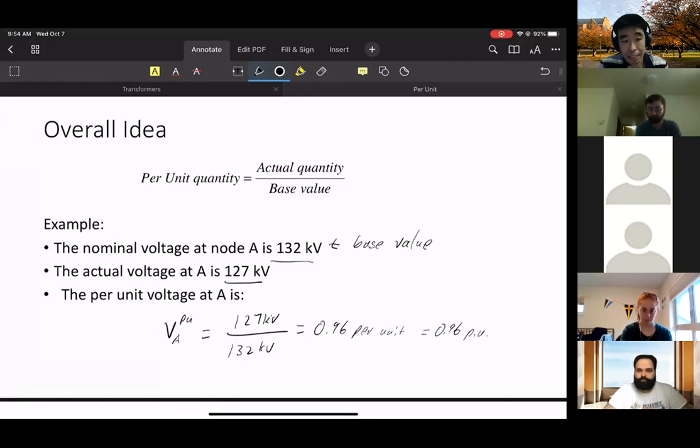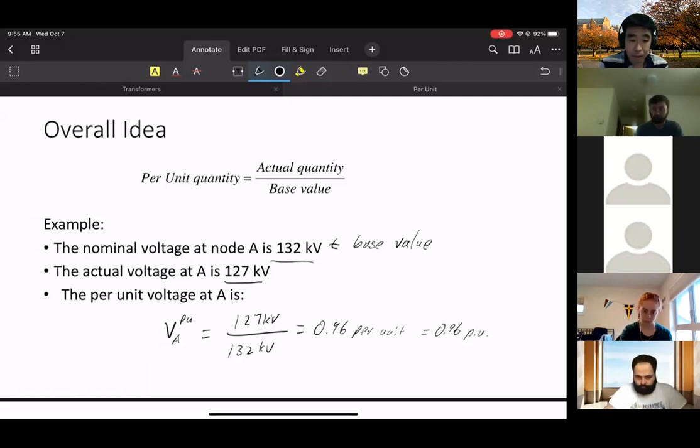And again, this is nice because when you read a number like 0.96, we know it's actually not too far away from the nominal value, so we're probably fine. But if you just saw the absolute magnitude of 127 kV, and somebody asks you whether it is normal or not normal, it's harder to answer. Right? So it's easier to do things in a per unit system.